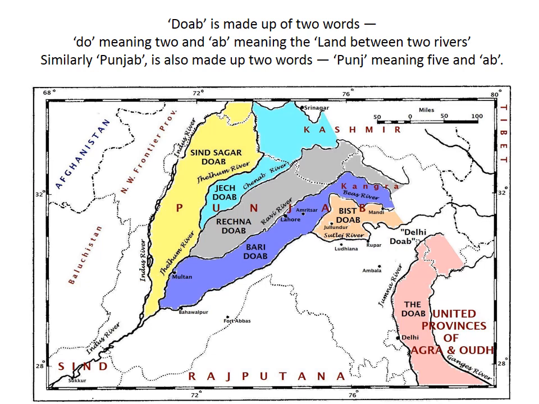So similarly, now you know why Punjab is called Punjab. So Panj means five and ab means water. So these five rivers and the land between them are mainly a part of Punjab. So that is why the state got its name.